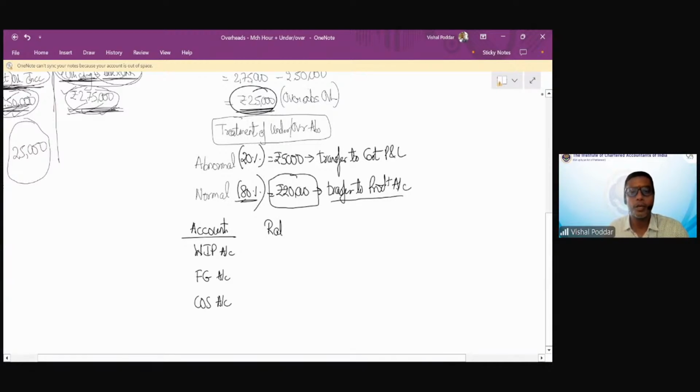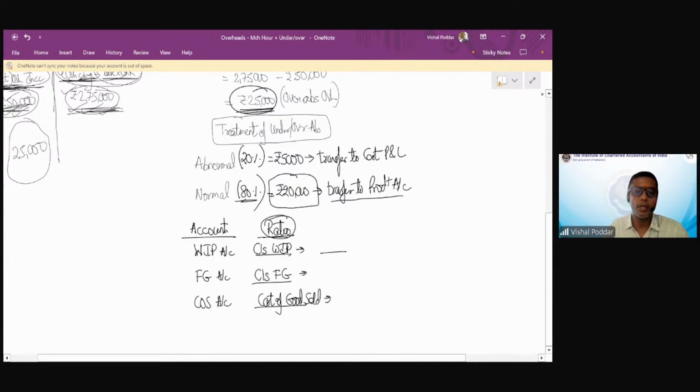And if it has to be transferred in 3 accounts, we need again some ratio to divide. What is this ratio? I'm writing in words first. We take the closing WIP, we take the closing finished goods, and we take the cost of goods sold. So these 3 figures become your ratio. Again, these figures are given in the sum.